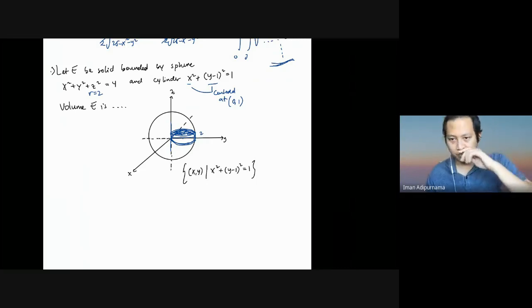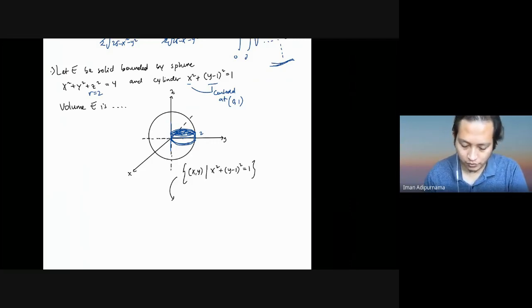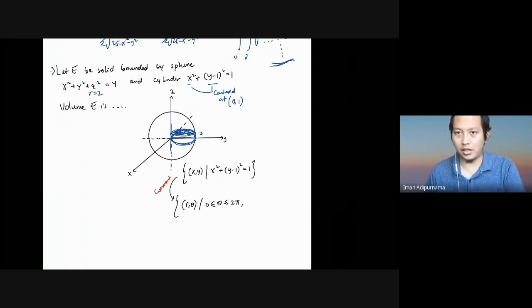What can we have from here is maybe we can convert to polar r, theta. Of course, the theta will be from 0 to 2 pi. But what about the r? Now, this is quite a trouble for the r.